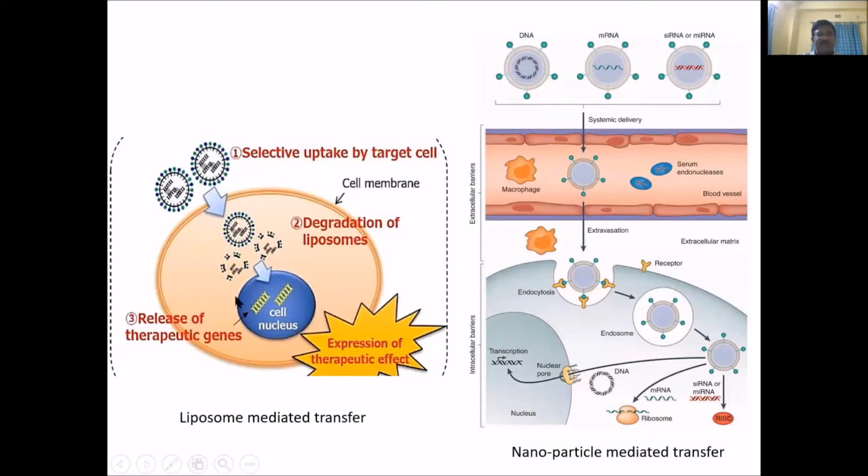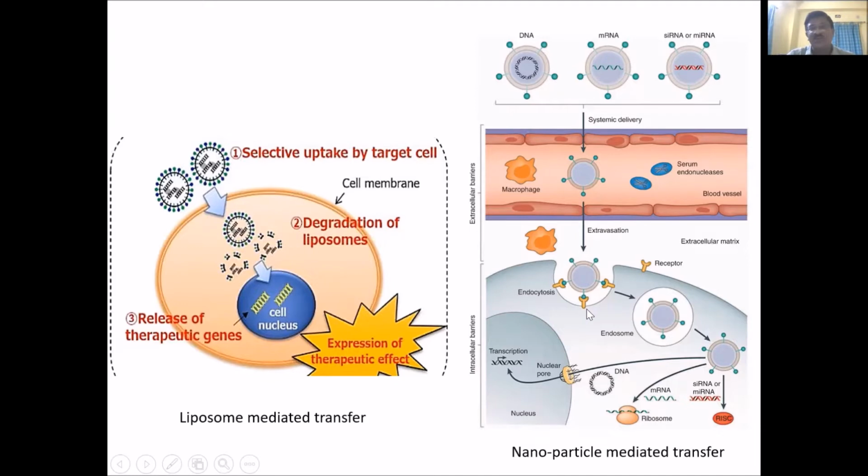Now this is the thing that I was talking about in the previous slide, just a schematic representation: for liposome mediated transfer, you just pack them within the lipid molecules or liposome molecules and then inject them with the specific antibodies, and they will reach their target cells. In the same way, you tag the nanoparticles with the antibodies specific to the particular cell, pack the siRNA or miRNA, whatever you want to use, into that nanoparticle and deliver it.